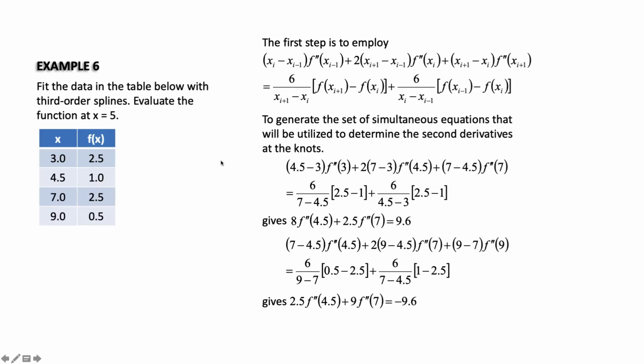So let's consider the first interval. The first interval is between 3 and 4.5. So this is x naught, this is x1.